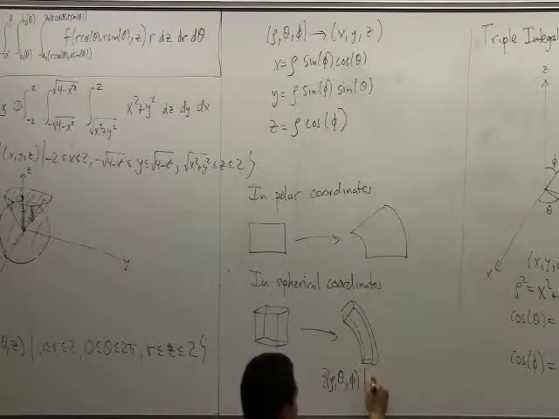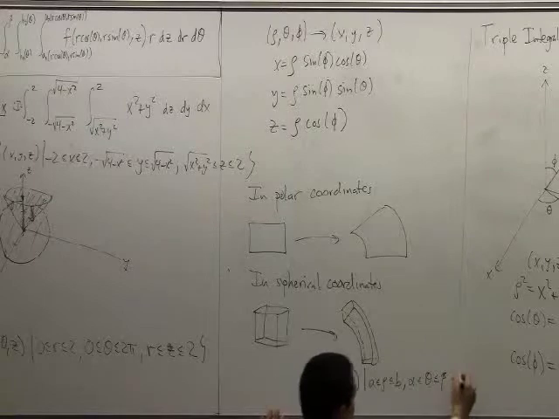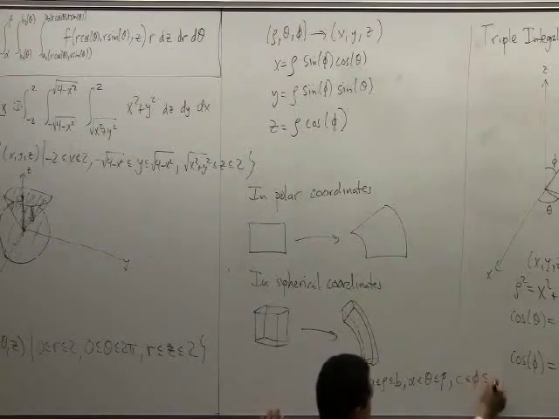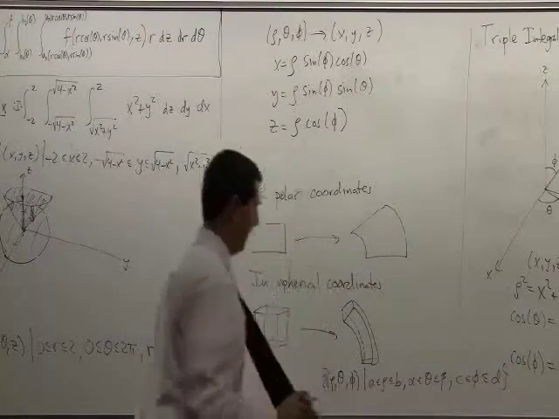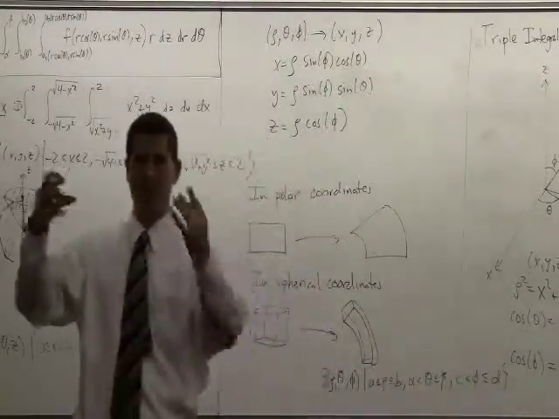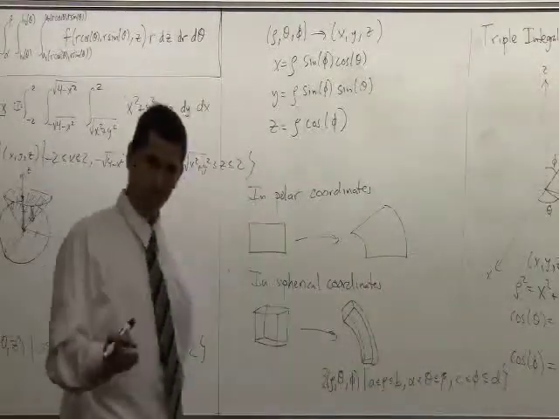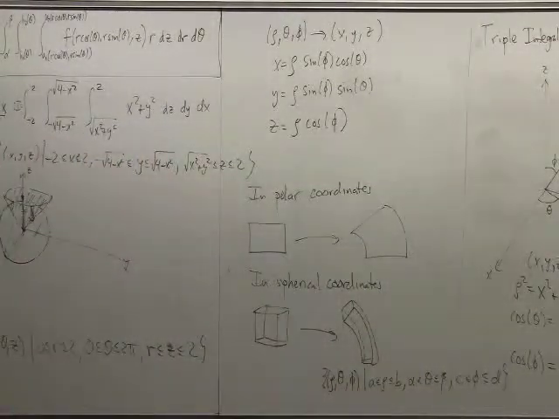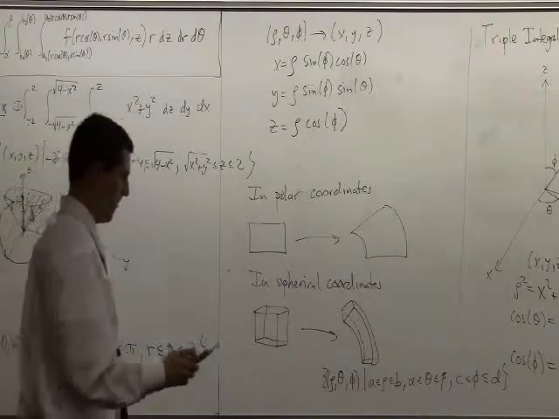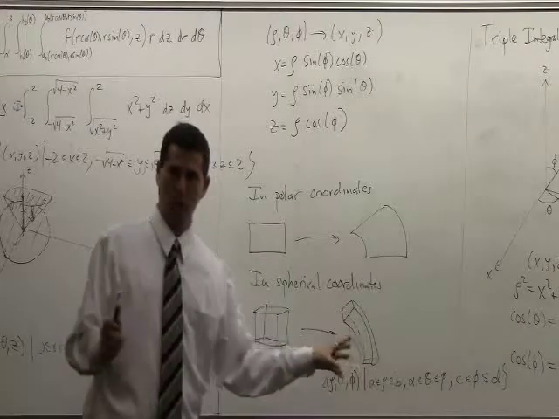So rho goes between a and b, theta goes between alpha and beta, and phi goes between c and d, say. So this is what I mean by a spherical rectangle. They're all given by numbers. None of them is given as a function of the other ones. And it's just an interval cross an interval cross an interval. So this will be the nice region that we want to integrate over in spherical coordinates.